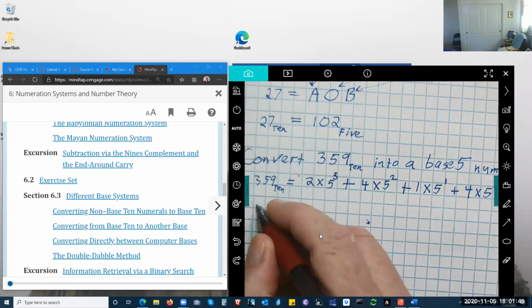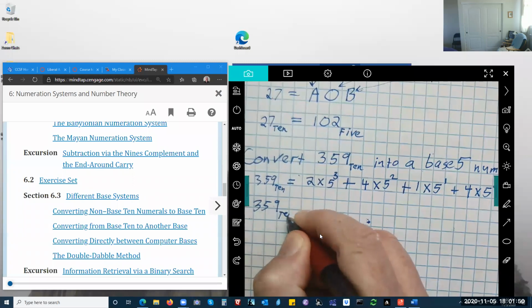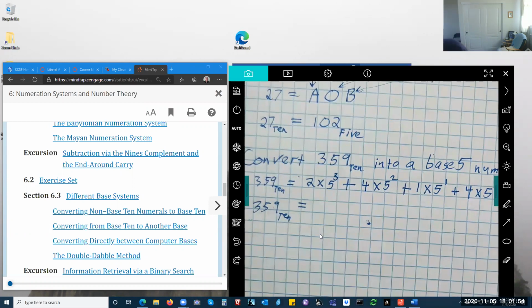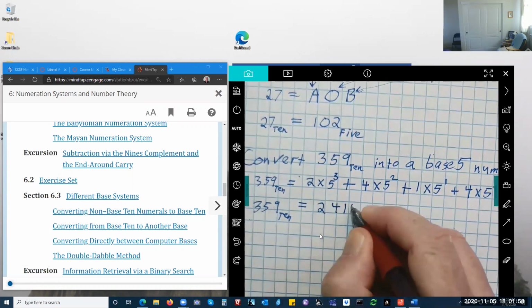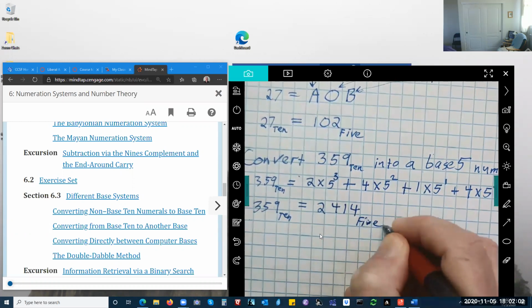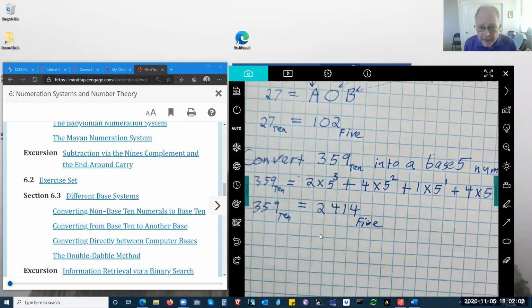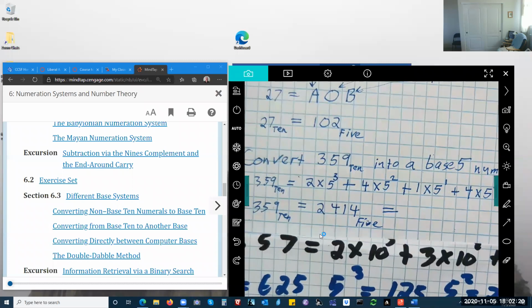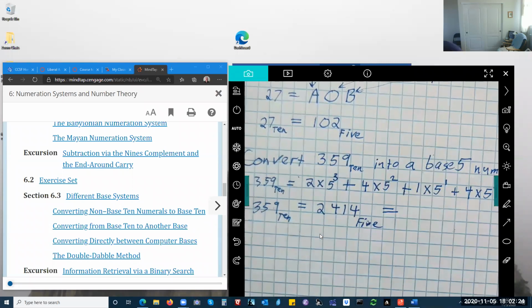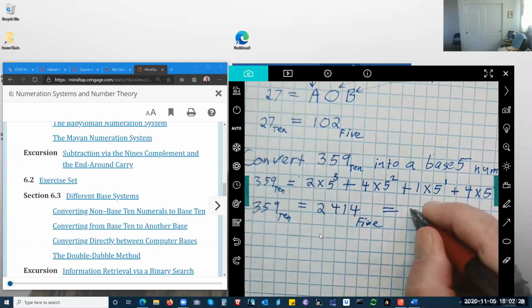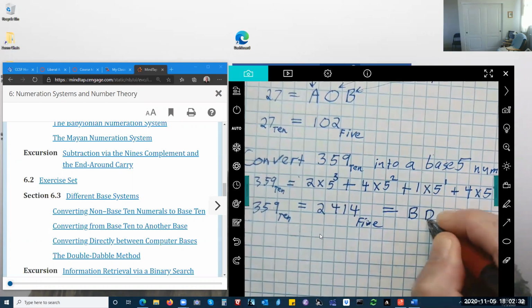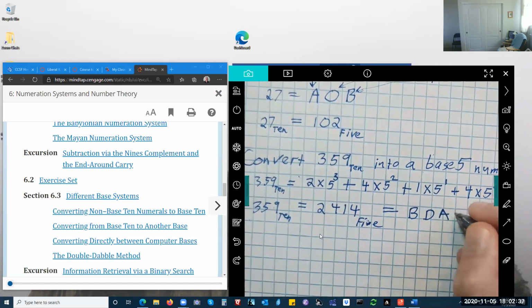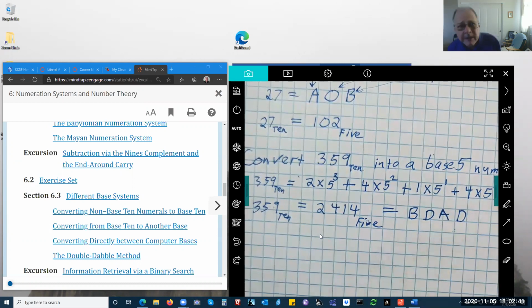So 359 base 10 is 2414 base 5. Or if you preferred to use the letters, it would be B, D, A, B. Okay. Bada boom, we're done.